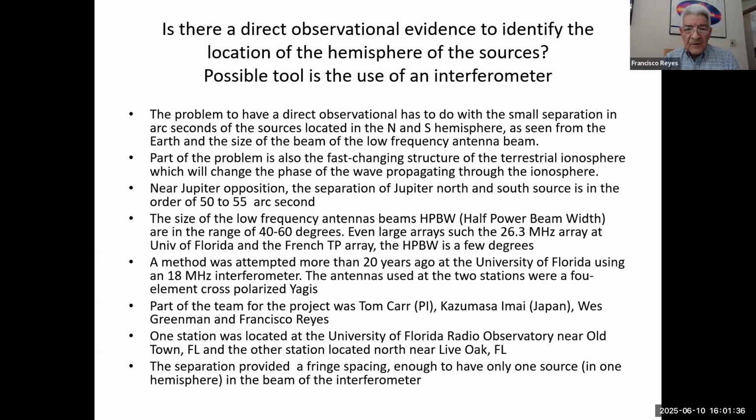The other part of the problem is the changing structure of the terrestrial ionosphere, which is changing at all levels, including scales of a few kilometers or so. You can see that the propagation through the ionosphere depends on the location there. Just to give you an idea, near Jupiter the separation between the north and south sources is on the order of about 50, no more than 55 arc seconds or so.